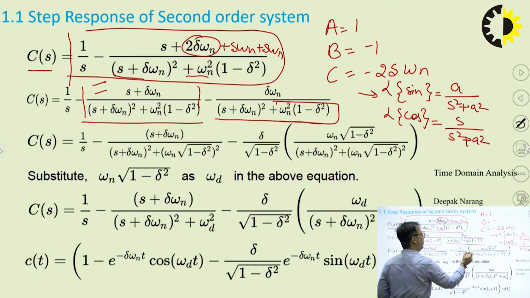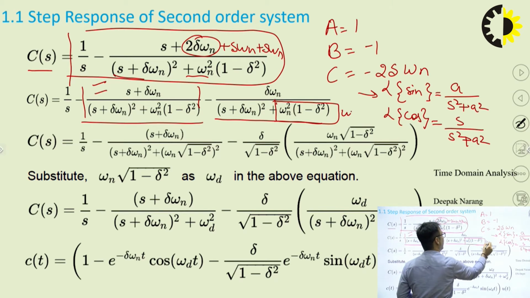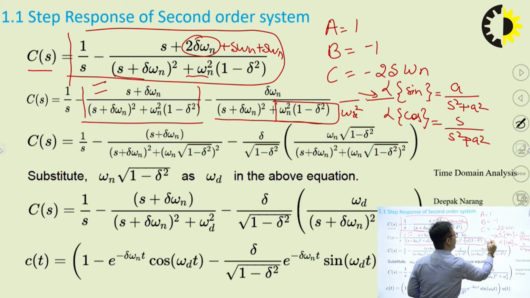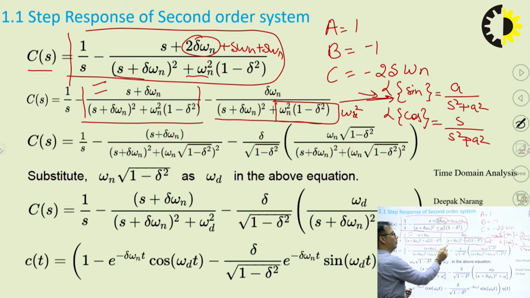Now here we can see this part we can write as omega d square. This is damped frequency, so we can see this is resembling the sine form, but for this we need to have this part in the numerator.